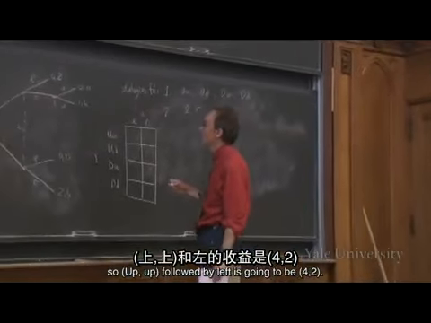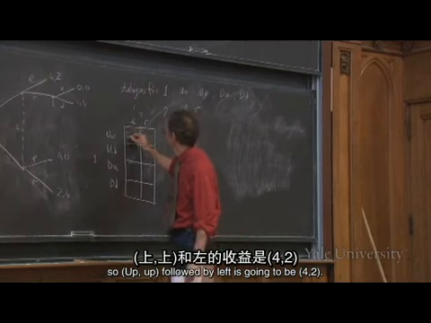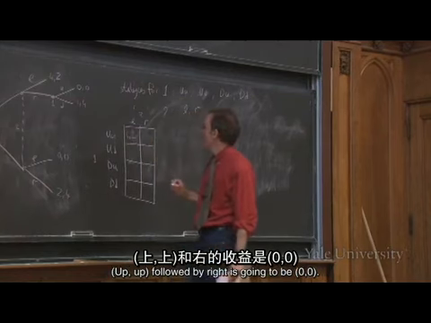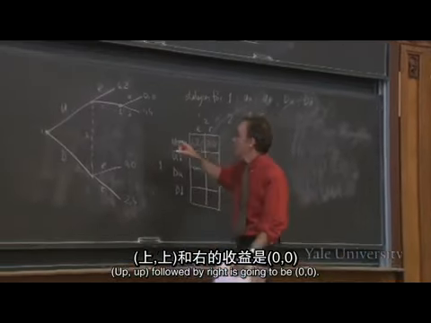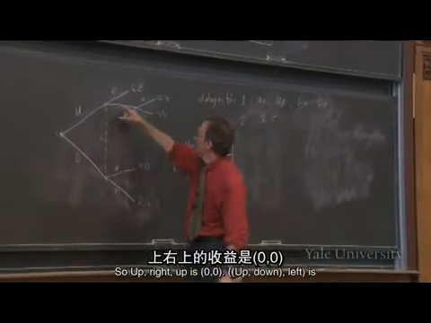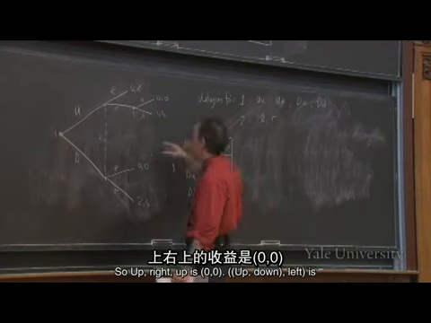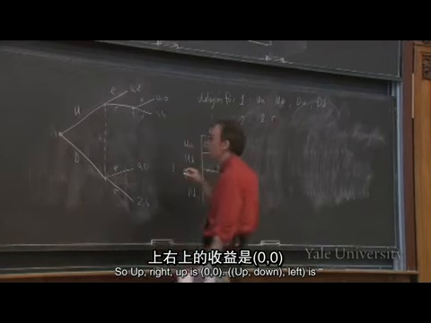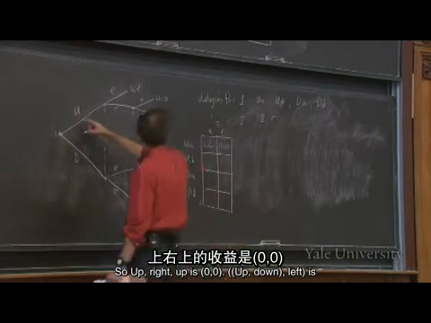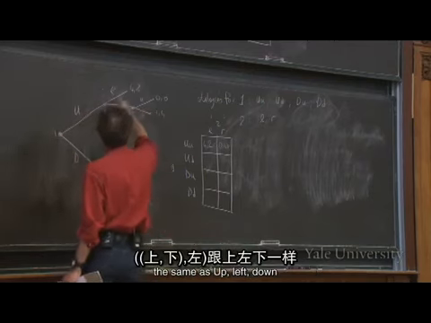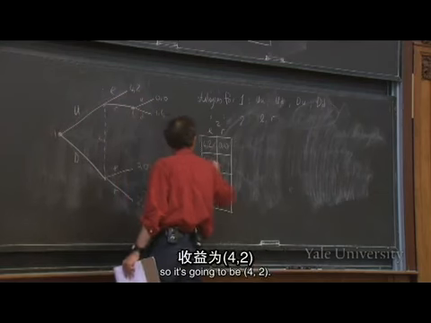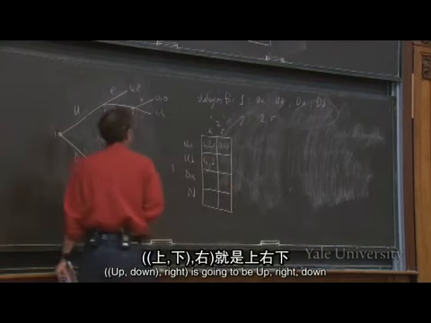So up, up, followed by left is going to be 4, 2. Up, up, followed by right is going to be 0. So up, up, right. It's very easy to think of it as up, right, up. So up, right, up is 0, 0. Up, down, left is the same as up, left, down. So it's again 4, 2.